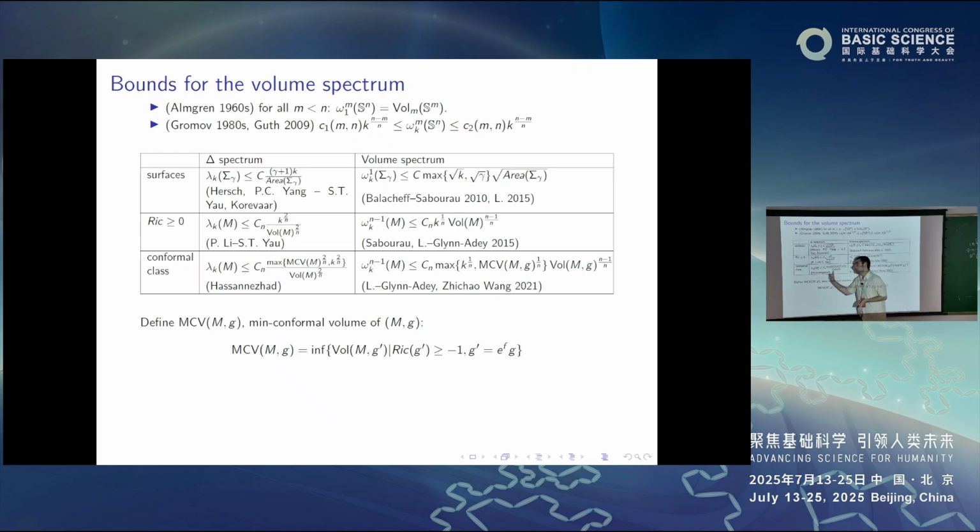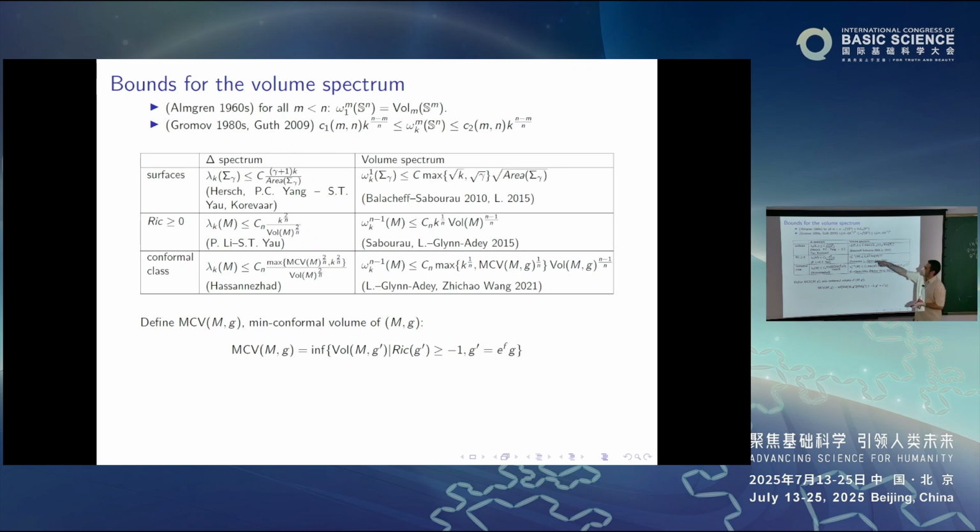And there's an interesting generalization of that due to Asma Hassannezhad. If you know that your metric is conformally equivalent to a manifold with Ricci greater or equal than -1, then you can obtain this nice bound. In some sense, this slightly weird invariant for surfaces is just the genus times 2 pi. So this is kind of a generalization of that.